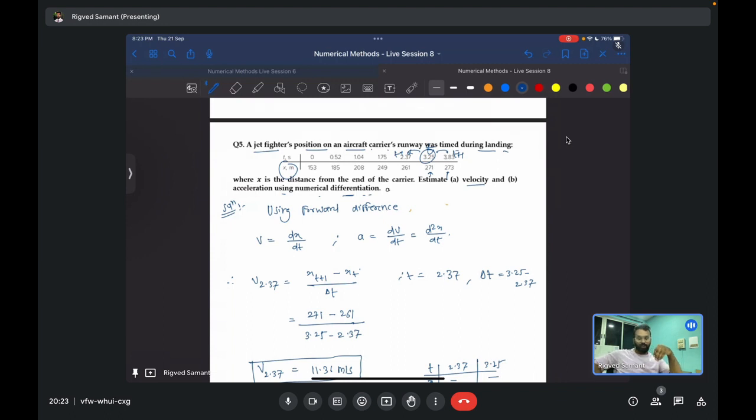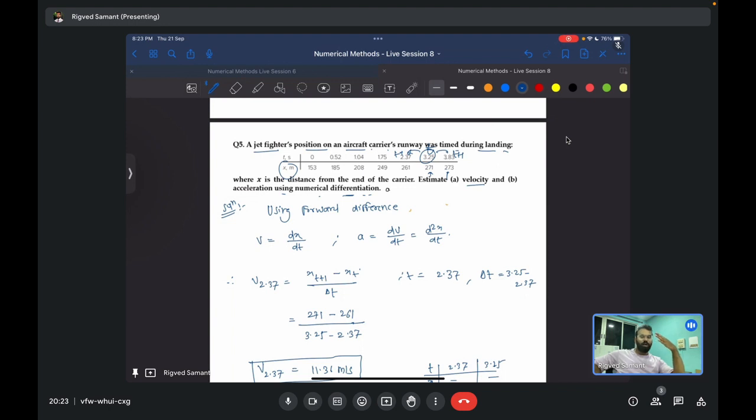This is just straightforward. You have given the x distance values, you know velocity is just dx by dt. So for forward difference you require the position of the value ahead, and using that we calculated the velocity at that point. So velocity at 2.37 was already done.